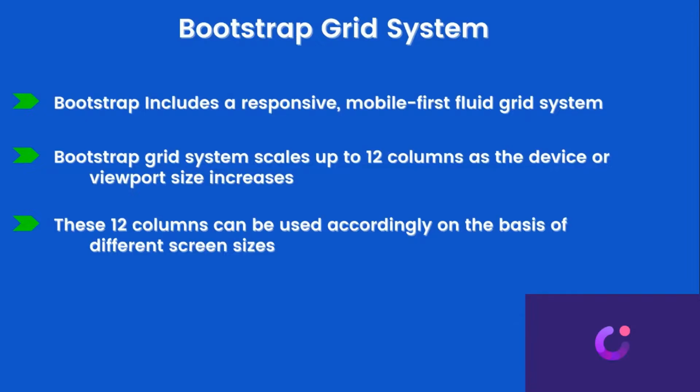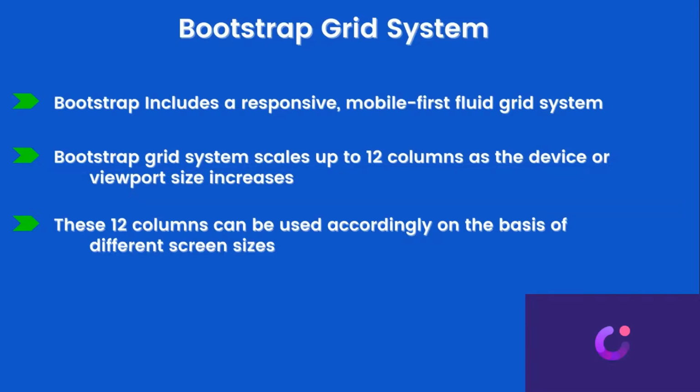So it all depends on how you want to use these 12 columns. If the total columns you have consumed is more than 12, then the remaining data will fall into the next line. We'll see that in the practical implementation.